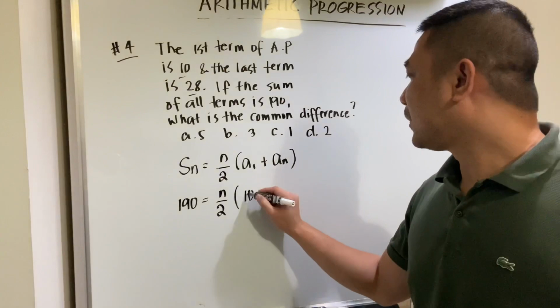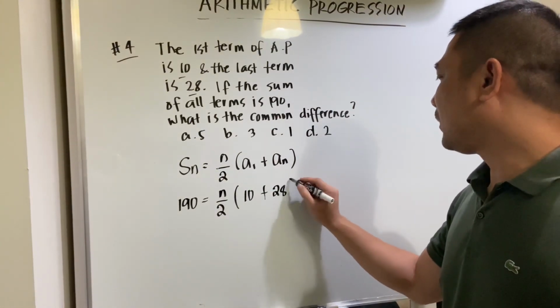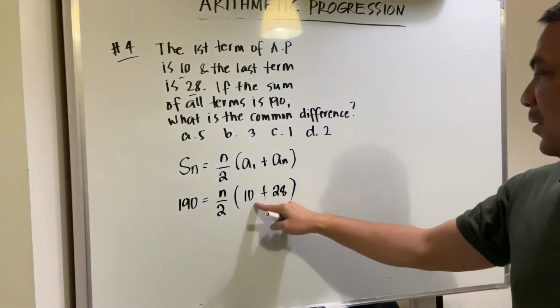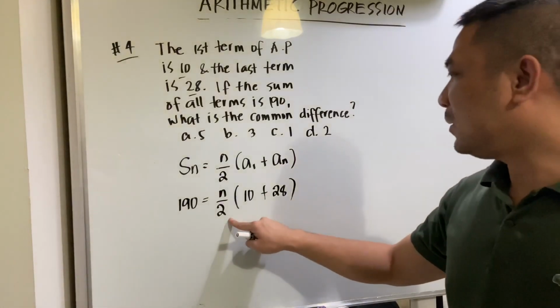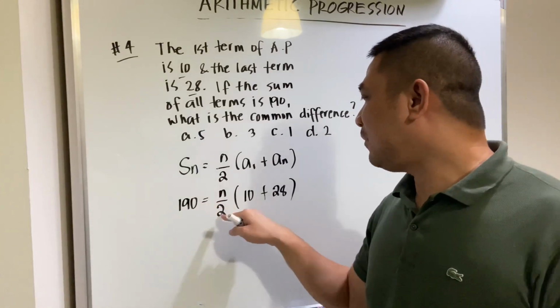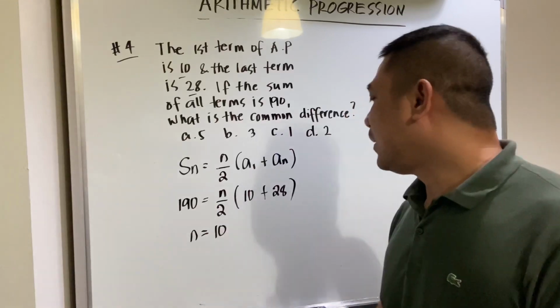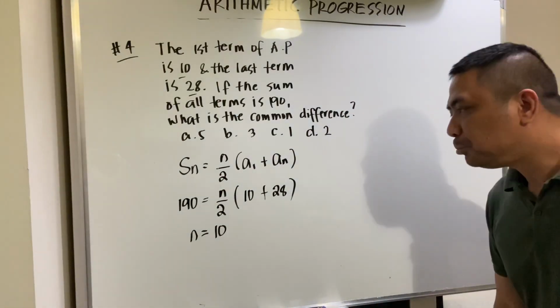First term is 10 and the last term is 28. Okay, so that makes it 38 divided by 2, 19, and 190 divided by 19. So we have an n value here of 10, right?